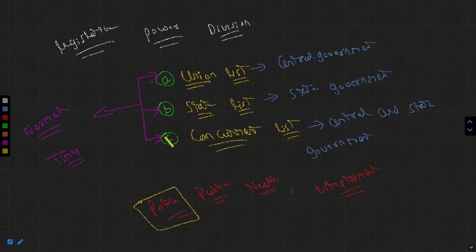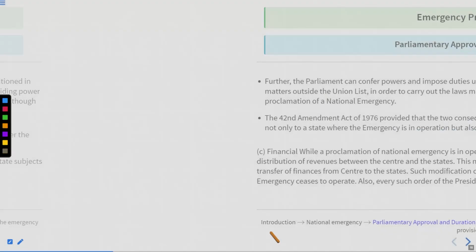So basically, there would be a central law on the matter of policing, but the state government is not debarred from making a law over policing.